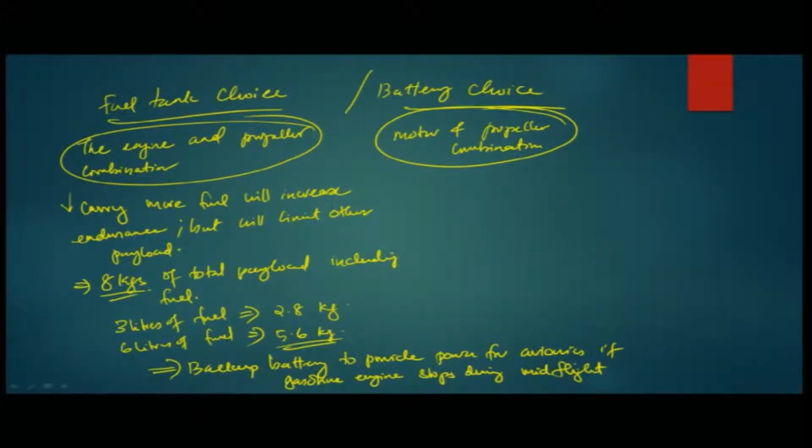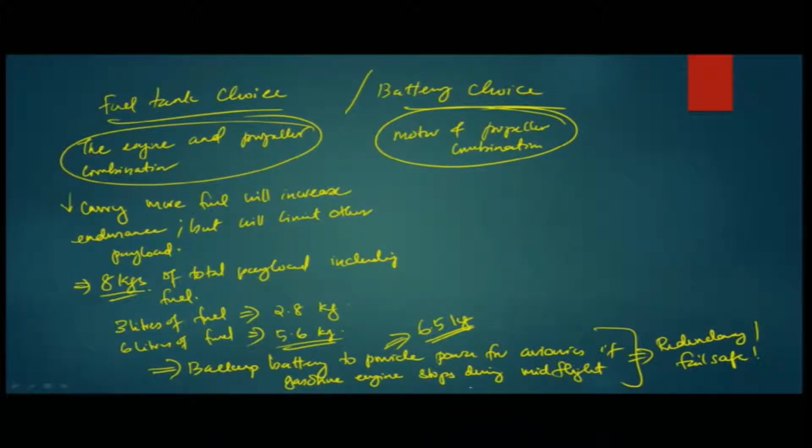So, this is what we call a fail safe, redundancy. When it was decided that we need to carry a battery with us, that reduced the payload capacity of a gasoline system to 6.5 kg, because 1.5 kg was taken away by the battery.